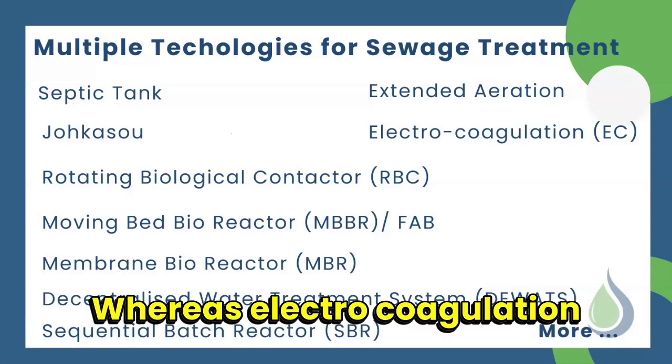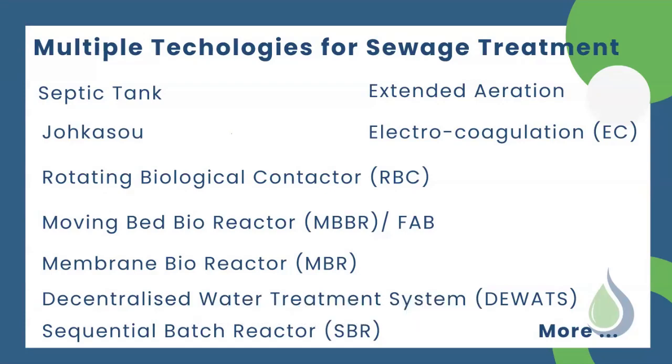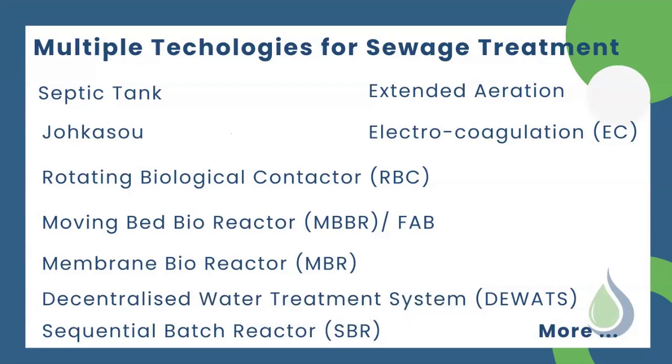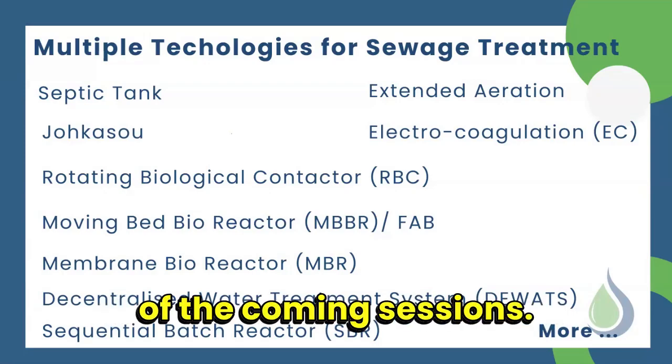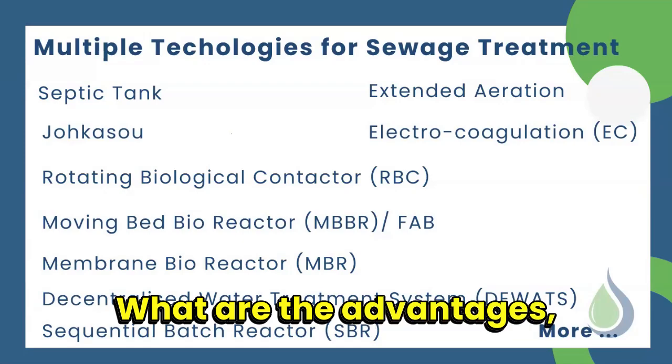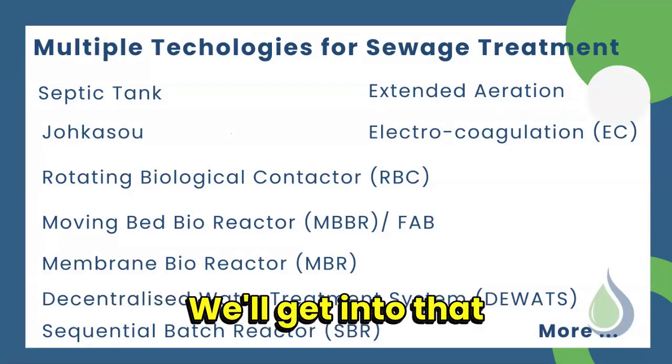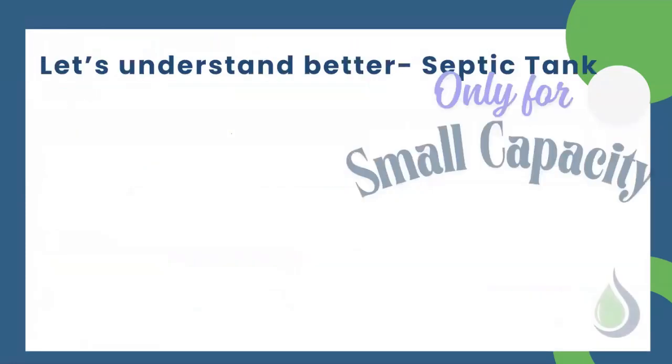Whereas electrocoagulation works differently. There is no bacteria in the process. It uses electricity to treat the water. So it is totally different. How and why is something that we will discuss in some of the coming sessions. Which is better? What are the advantages and disadvantages of each of these processes? We'll get into that in the next few sessions.